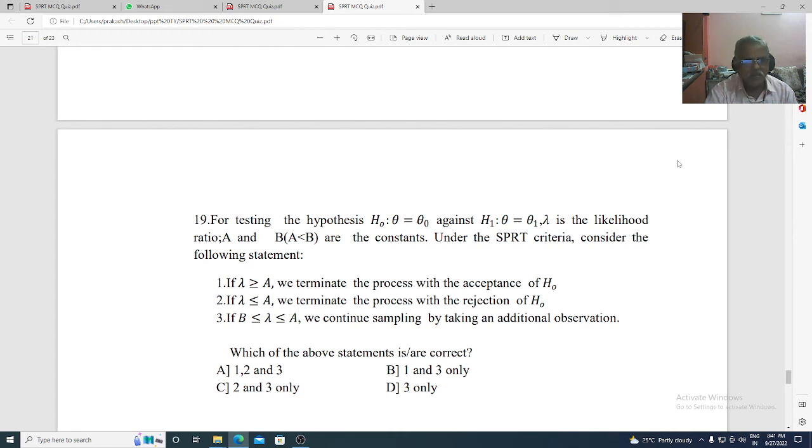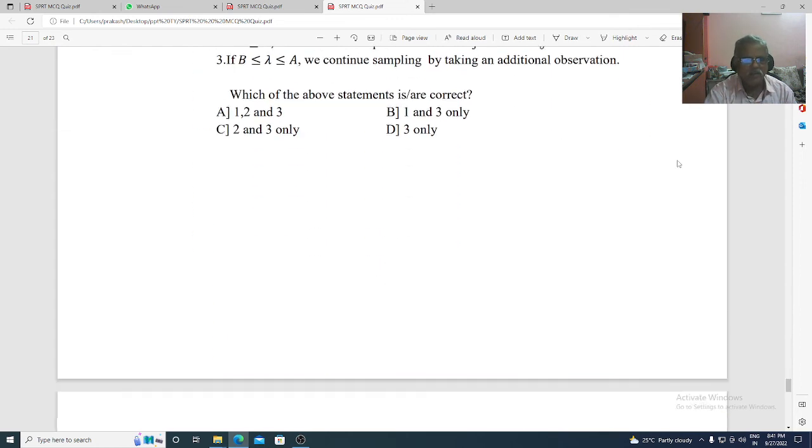If lambda lies between B and A, we continue sampling by taking additional observations. Which of the following statements are true? Option A: 1, 2 and 3. Option B: 1 and 3 only. Option C: 2 and 3 only. And option D: 3 only. The correct option is D, 3 only.